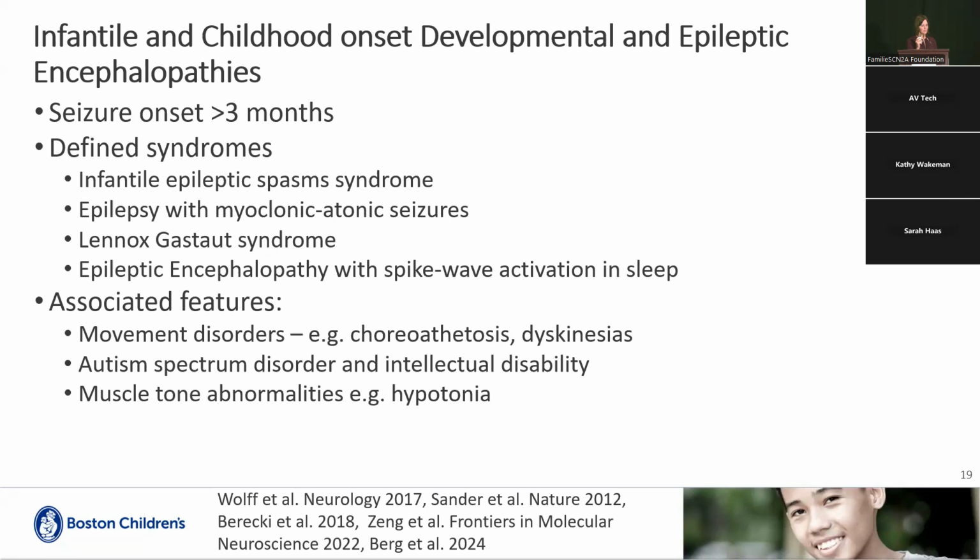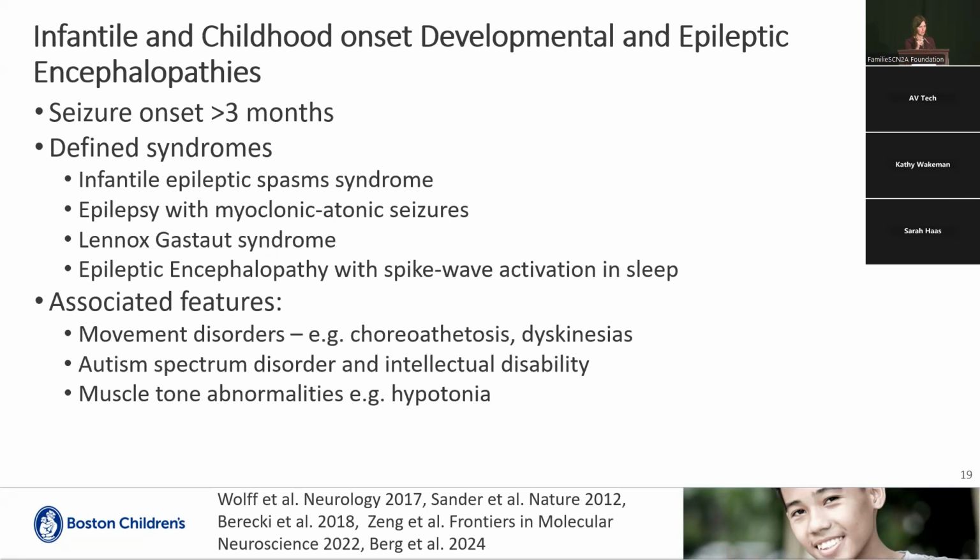So the infantile and childhood onset DEE is beyond that neonatal subset, in those first few months. There are several. Infantile epileptic spasm syndrome, I'll tell you a little bit more about. There's epilepsy with myoclonic atonic seizures, so drop type seizures have been reported. Lennox-Gastaut syndrome, I mentioned, is very common. And there's another syndrome called epileptic encephalopathy with spike wave activation in sleep.